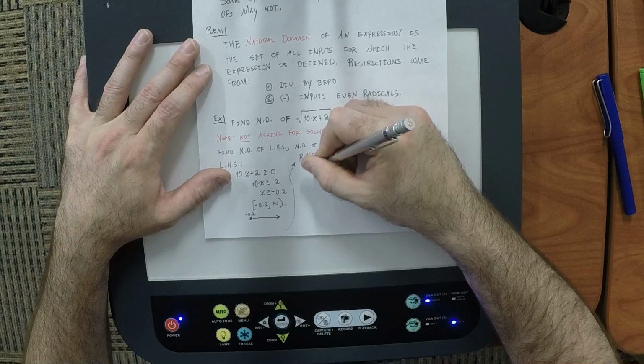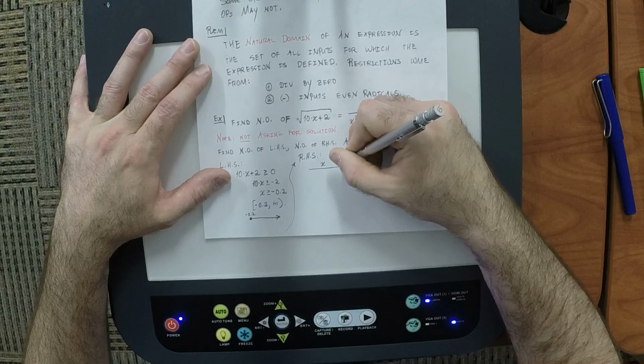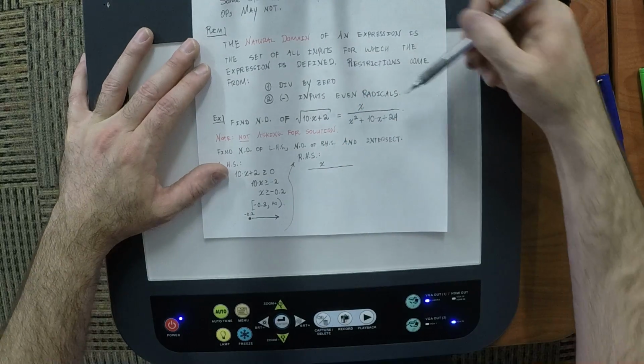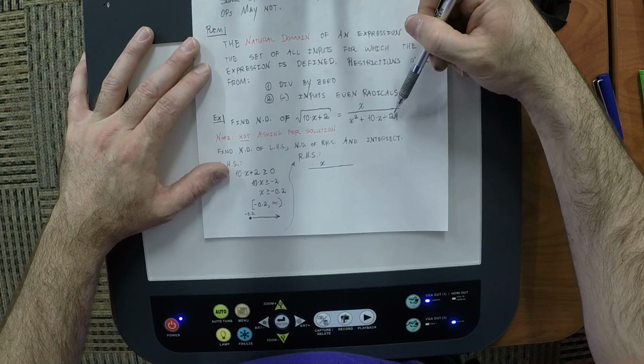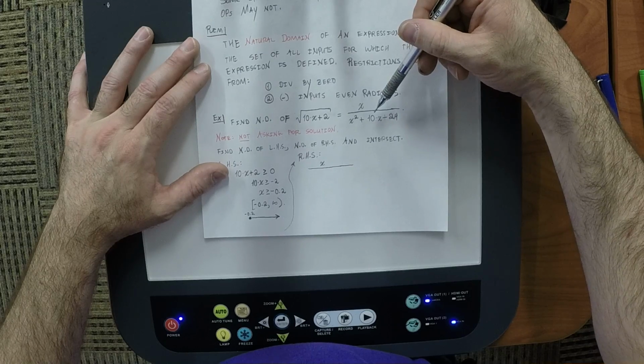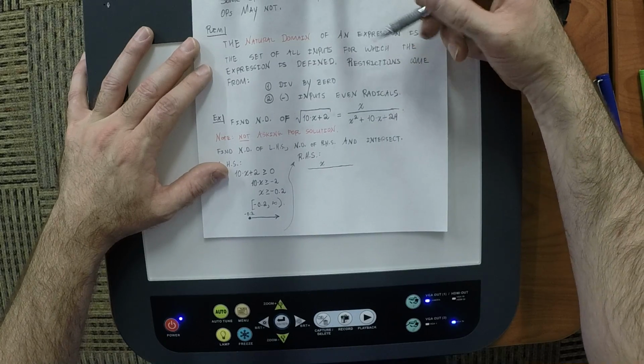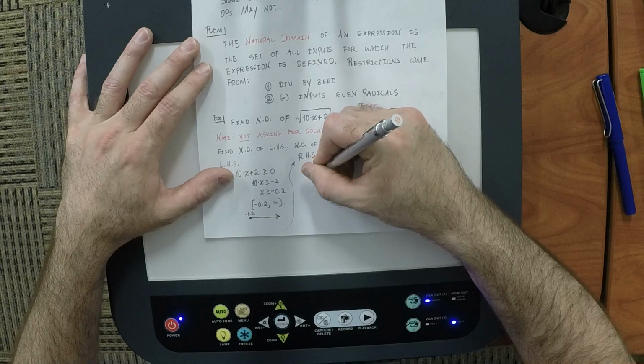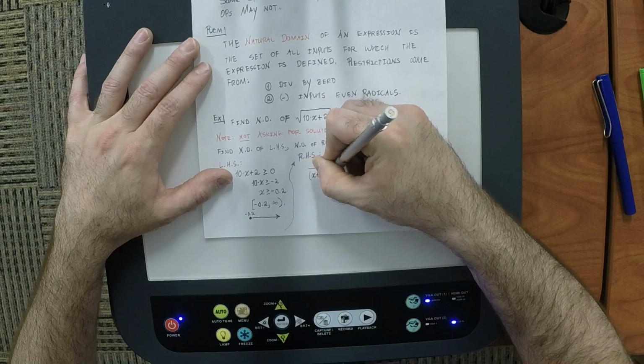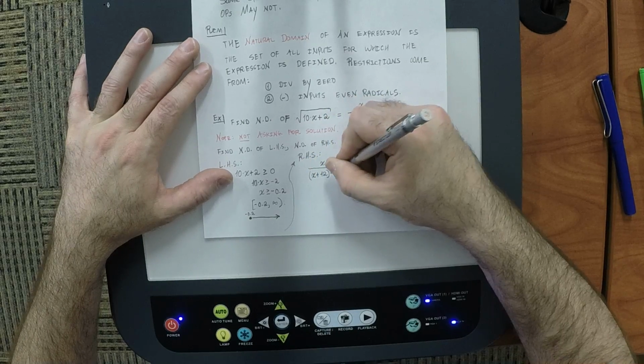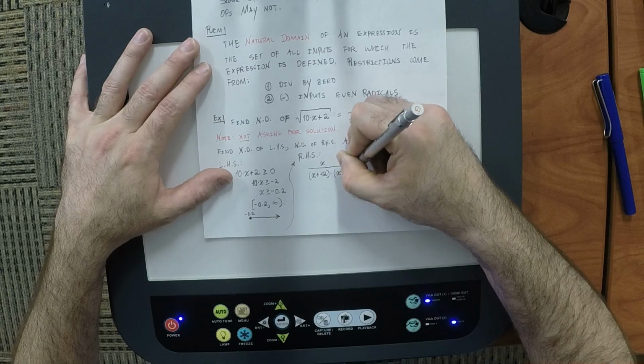So factoring the denominator, the numerator is all fine. Can you think of two numbers whose product is negative 24 and whose sum is 10? Okay, good. So then x plus 12 multiplied by x minus 2.